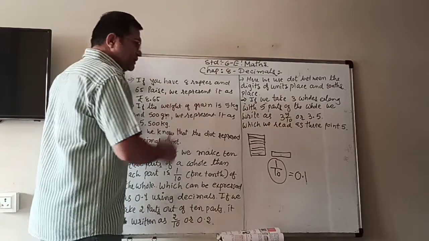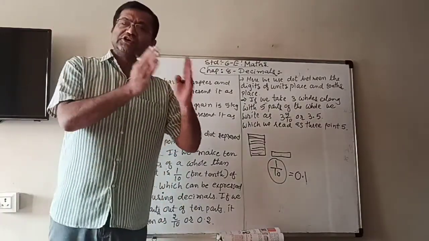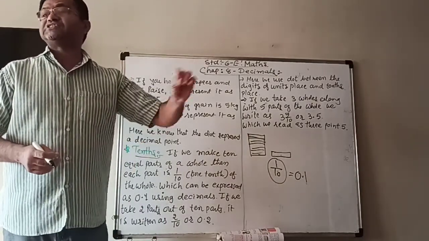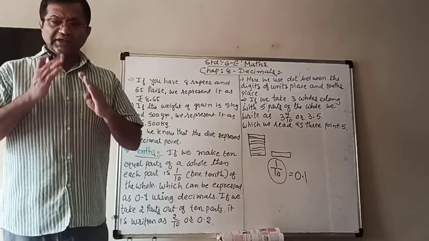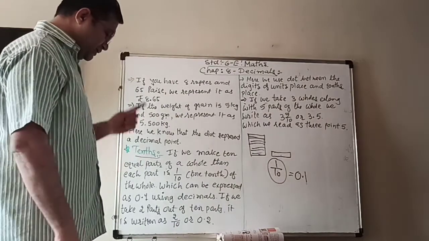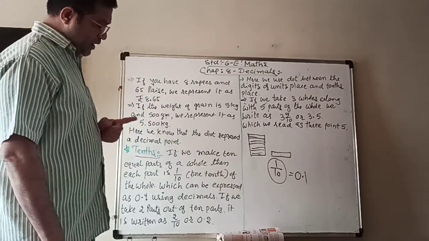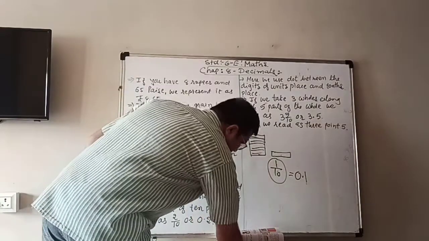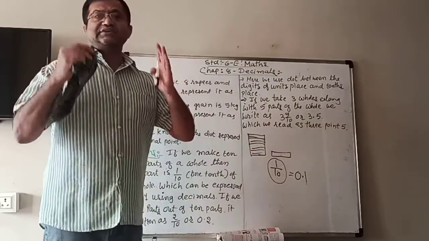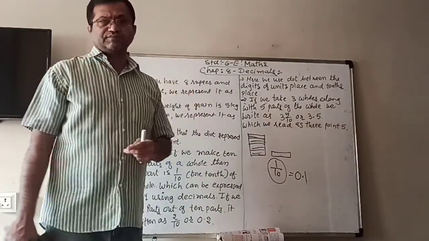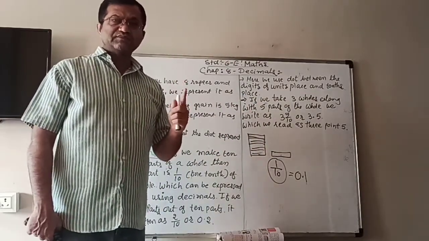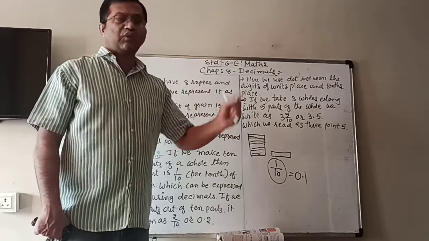We put the decimal point between the units digit and the digit in the tenths place. Always the decimal point will be used between the units place and the tenths place. So one block represents 1/10, means 0.1.